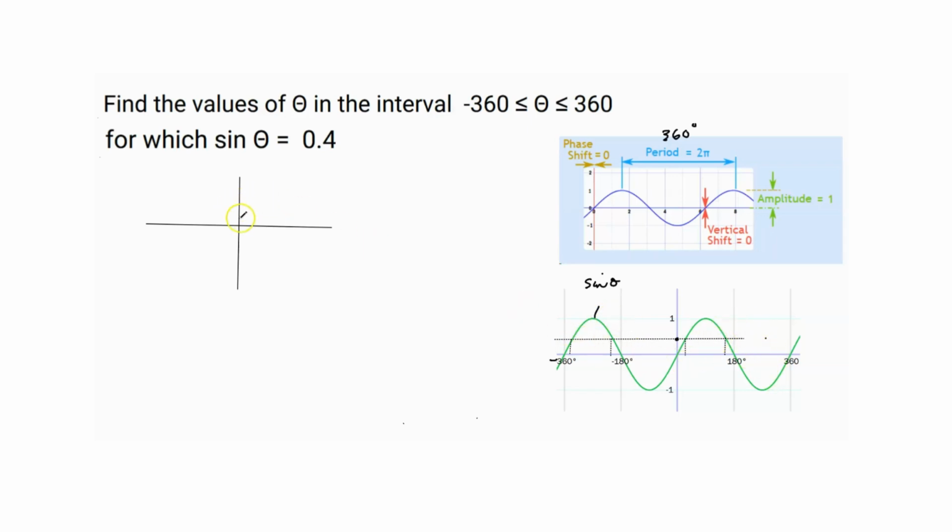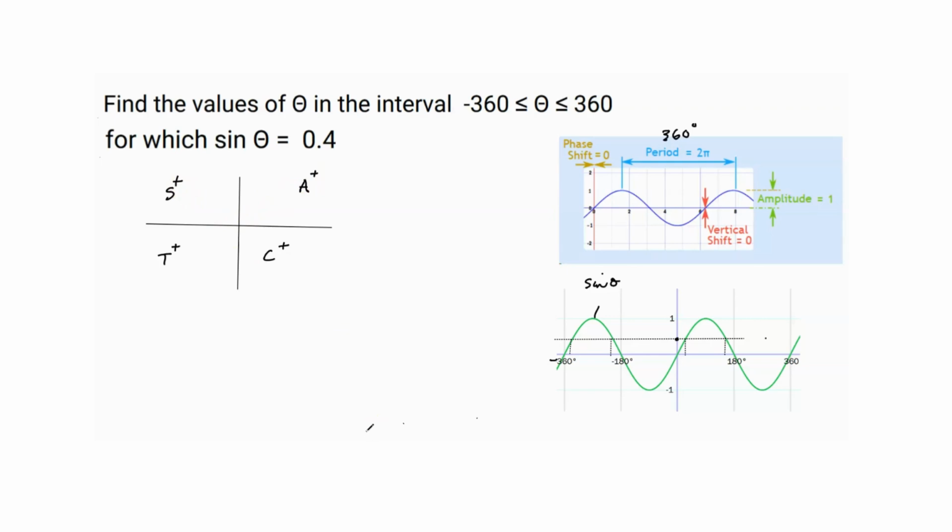So the quadrant diagram will help you to work out the possible values. Here in the first quadrant, all the ratios are positive. In the second quadrant, sine is positive. In the third quadrant, tangent is positive. And in the fourth quadrant, cosine is positive. And this is what we call the CAST diagram, C-A-S-T. Now, since sine theta is equal to 0.4, which is positive, it means that our possible solutions for theta would be in this quadrant and this quadrant.